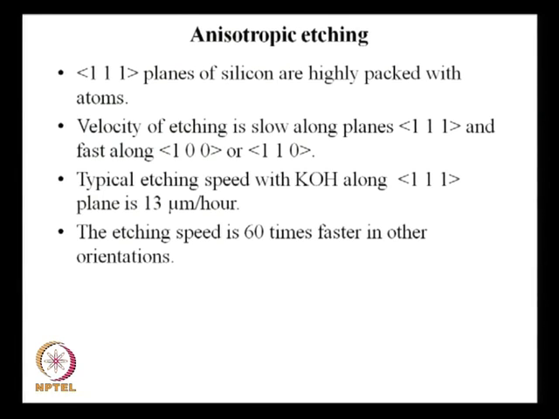Now, here I would like to point out once again that the 1 1 1 planes of silicon are highly packed with atoms. Let me revise once again what this 1 1 1 plane is. Silicon follows a crystalline structure. The atoms are arranged in a particular manner.